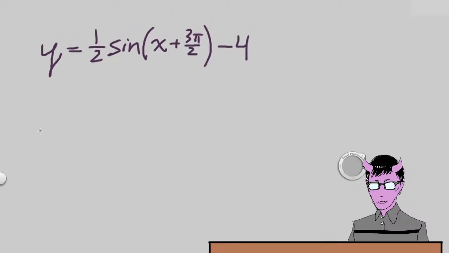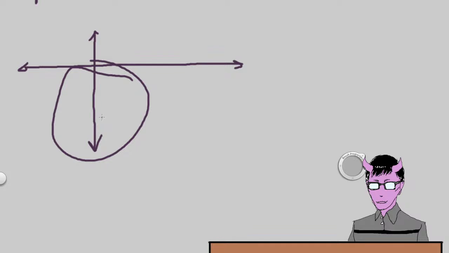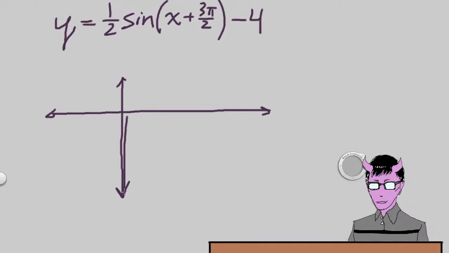So let's put the graph x-axis first. This is my preference. And since we have a shift downwards, and since we have an amplitude change of 1/2, I'm going to bias my graph more downwards. So like this. So I'll put more in the down. Or maybe I have to exaggerate it even more.